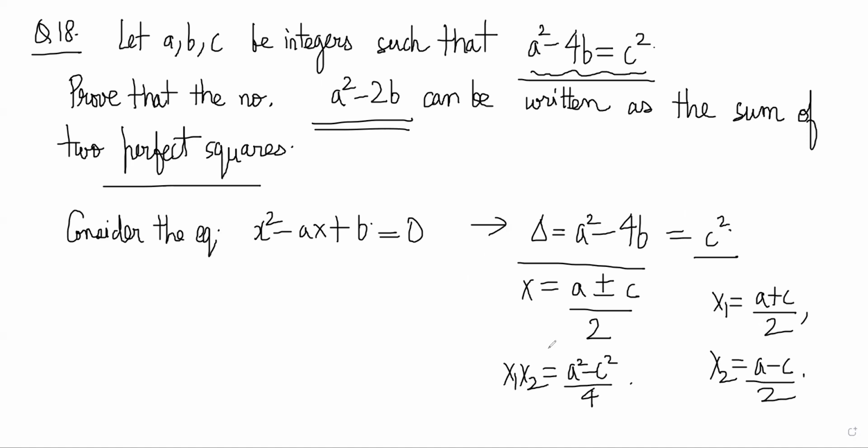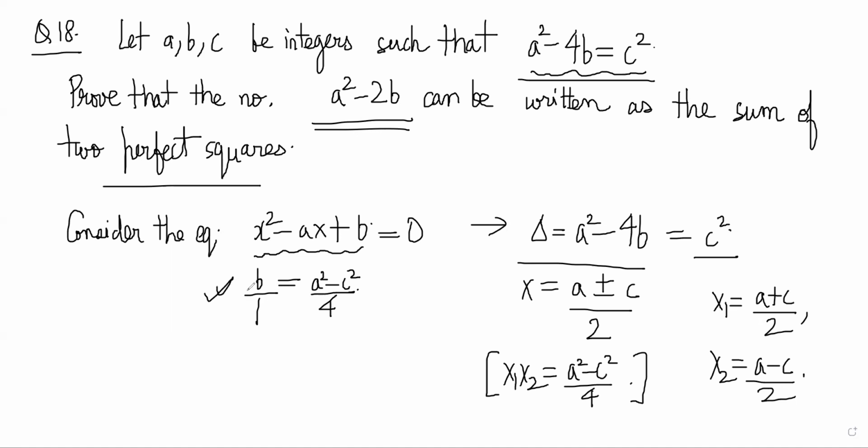Basically, the product of the roots is coming out to be this, and the product of the roots from the equation is b by 1, which is a square minus c square by 4. Have I made some mistake? Is this correct? You are getting it right. 4b is a square minus c square. Right, that is correct.